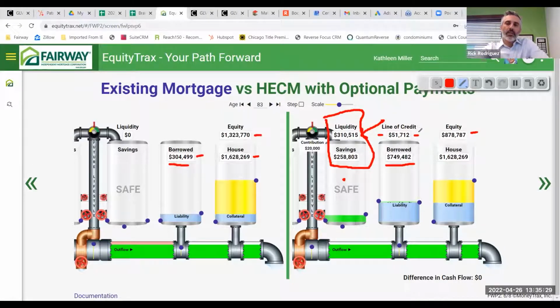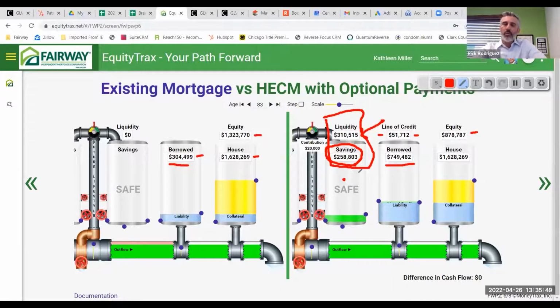That's a representation of the line of credit, $51,712, plus a savings that they've been able to accumulate of $258,803, which represents, again, the mortgage payments that they're now redirecting.